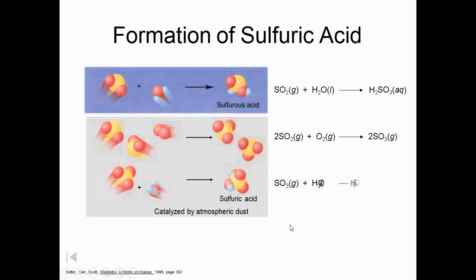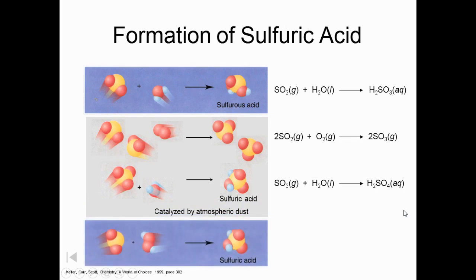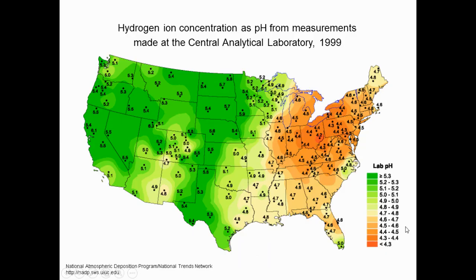So you can see how sulfur dioxide can make both sulfurous and sulfuric acid, and both of these are major components of acid rain. The last example is sulfur dioxide and hydrogen peroxide forming sulfuric acid. That's probably a little bit less common, but another way that acid rain could be formed.